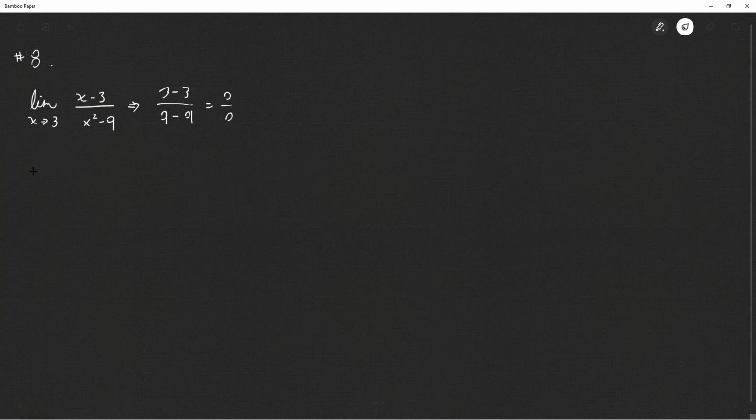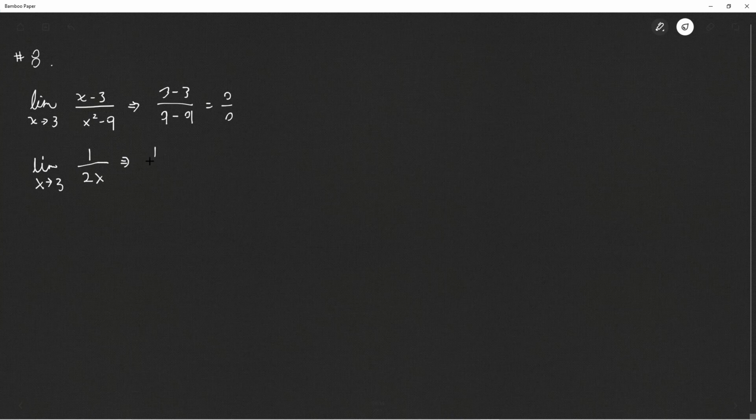So when we take the derivative, this will just become the limit as x approaches 3. And since our numerator has x minus 3, the minus 3 will just become 0, since it's just a constant, and x will become 1. And then our x squared will become 2x, and our minus 9 will just become 0.